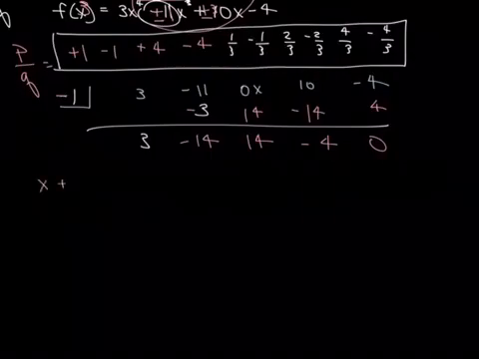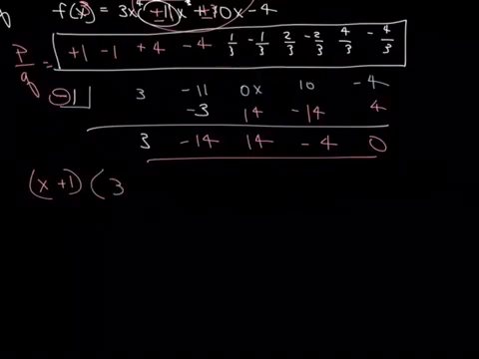So x plus 1 is a factor because, again, that negative means we're going to do the opposite. So x plus 1. And what do we have left? We have 3x cubed because we had 4, so we go down 1. Okay, so that's where we're at.